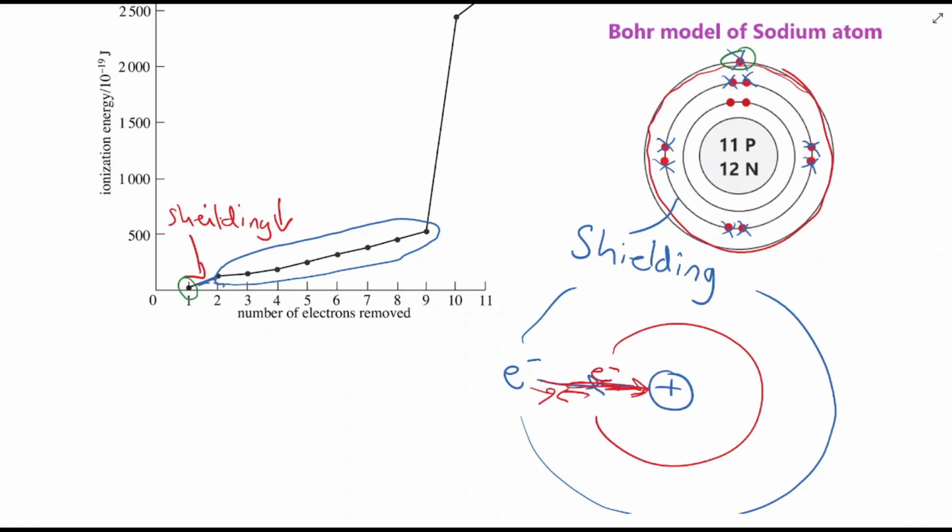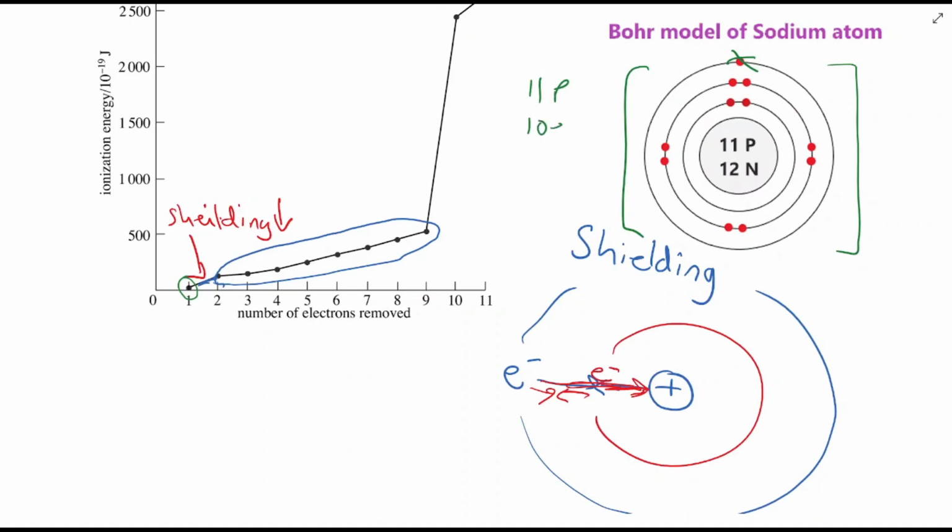In this case, we need to talk not about the shielding, because they're all the second shell. So this one's gone. When this one's gone, this atom now has 11 protons and 10 electrons. So overall it has a charge of +1.